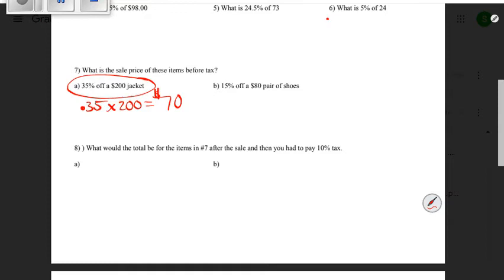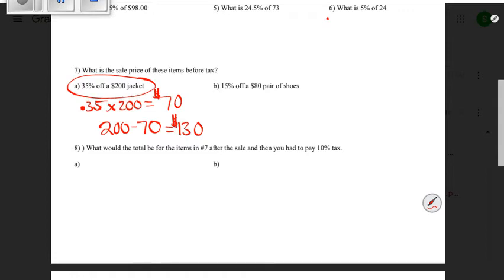Now it says 35% off, so what do you think you have to do? You have to take $70 off of the 200 that it's supposed to be, and you actually have to pay $130. Sweet. Something on sale, you get to take it off.